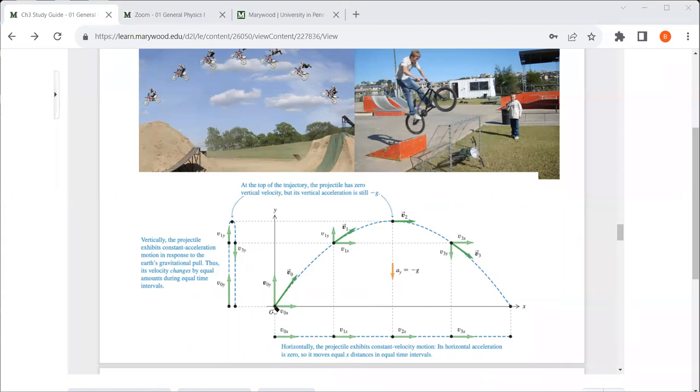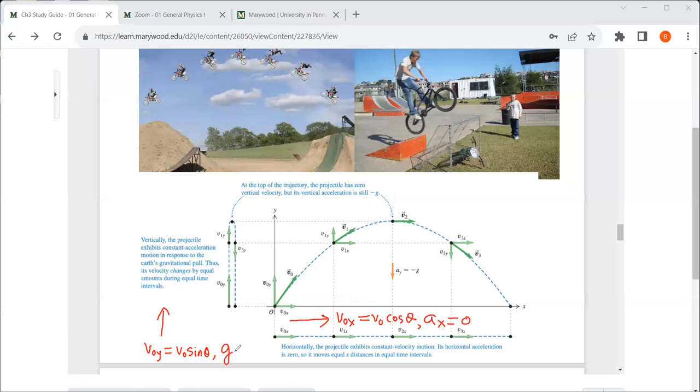One thing is the object moving in this direction with initial velocity v0x, or v0 cosine theta, and zero acceleration, plus an object moving in this direction with this initial velocity and acceleration equal to the gravitational acceleration.